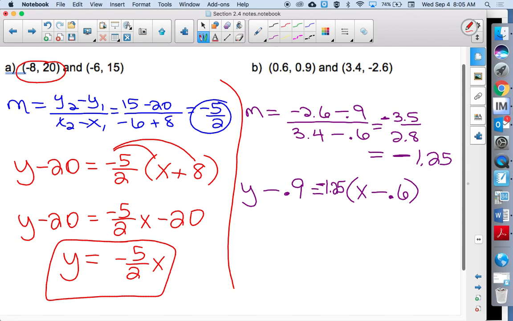After you calculate that slope using point slope form, we have y minus 0.9 equals negative 0.125, the slope, and then x minus 0.6. So Josh, what would be negative 0.125 times negative 0.6?